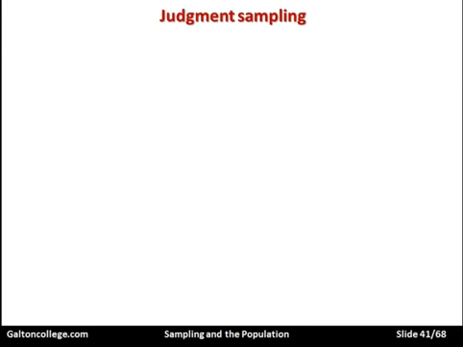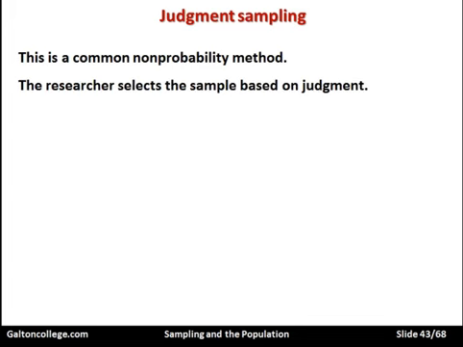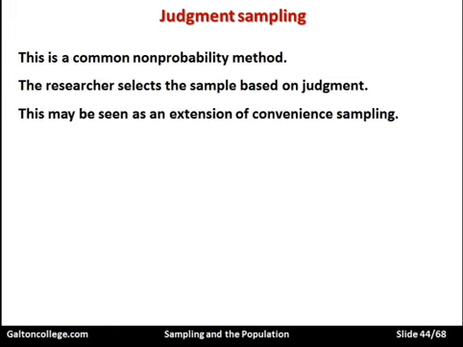Another form of sampling is judgment sampling. This is common in non-probability methods. The researcher here selects the sample based on judgment. It may be seen as an extension of convenience sampling. The researcher simply uses his or her judgment to try and select the sample.